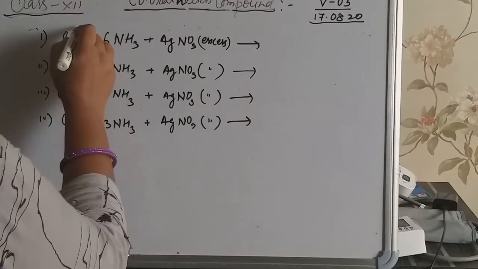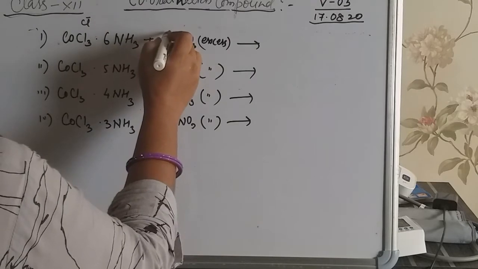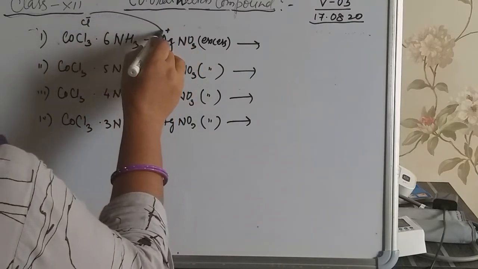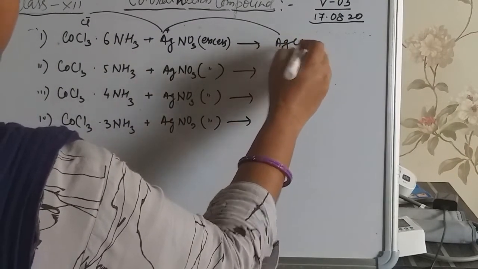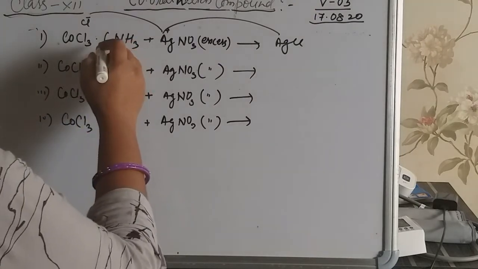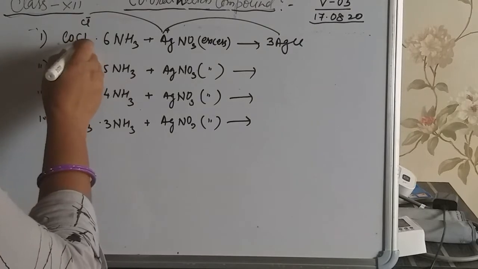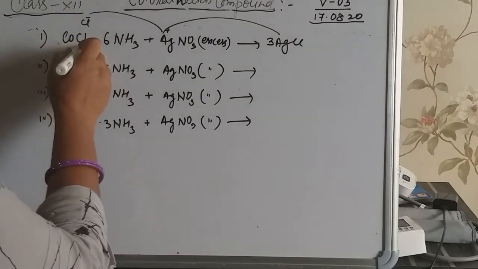Cobalt chloride provided chloride ions, silver nitrate provided silver ions, and the chloride and silver react to form silver chloride. So how much silver chloride did he find? He found 3 moles of silver chloride. That means in this reaction cobalt chloride gives 3 chloride ions.